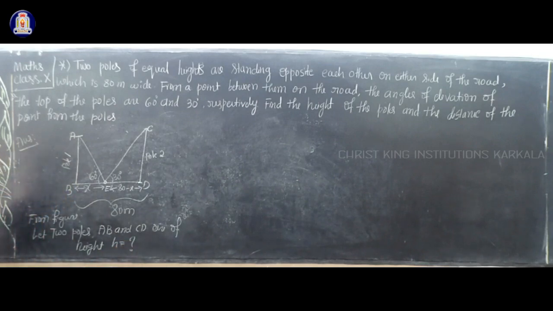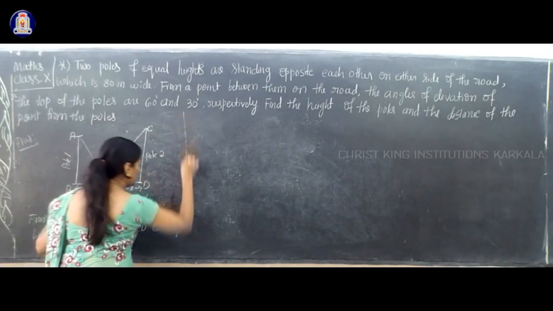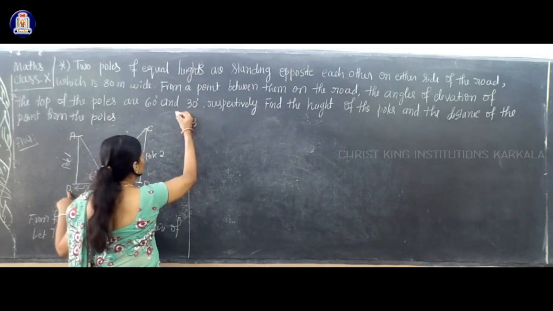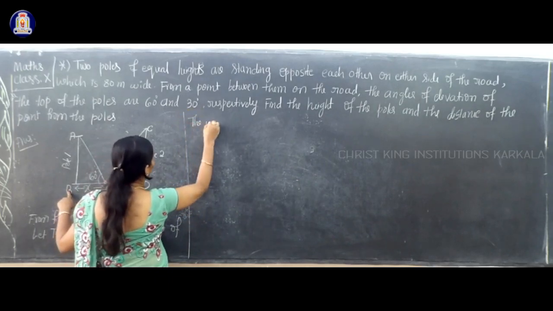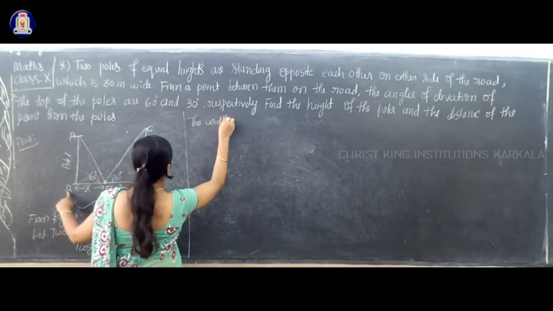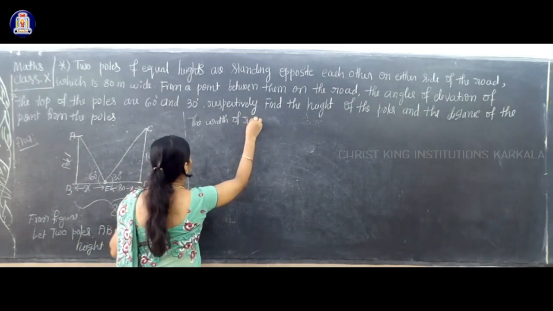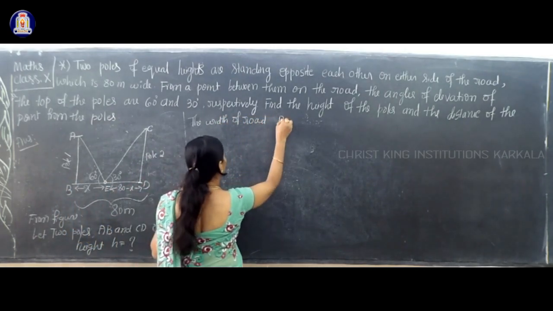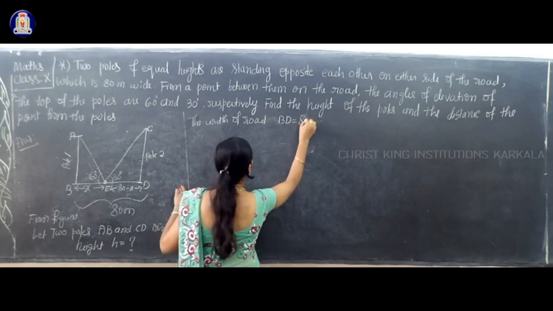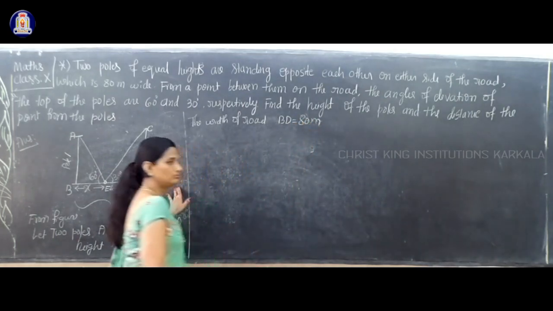That is to find. Next, what is your BD? BD is the width of the road. The width of road BD is equal to 80 meter.